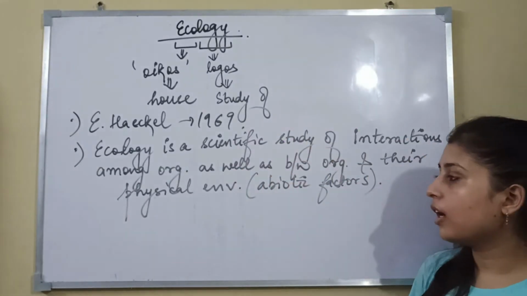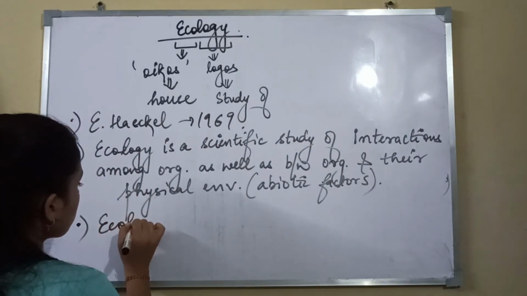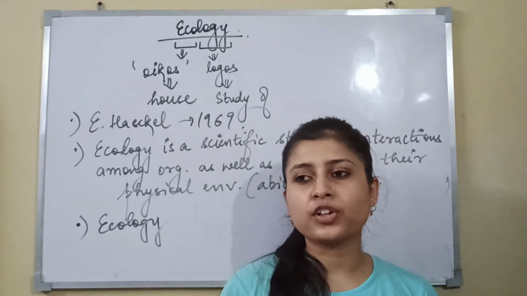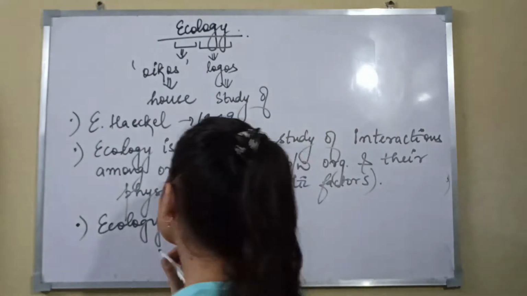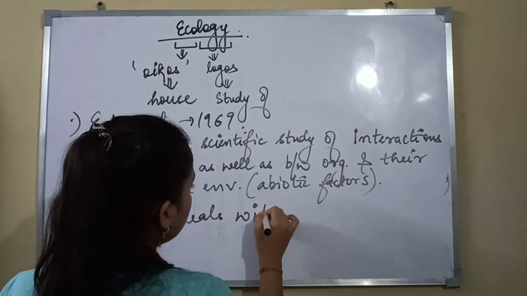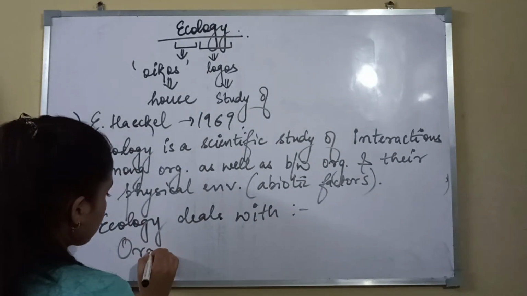If we talk about more, then we would say that ecology deals with four different levels. First, the organism level.